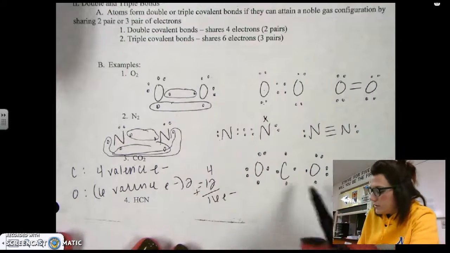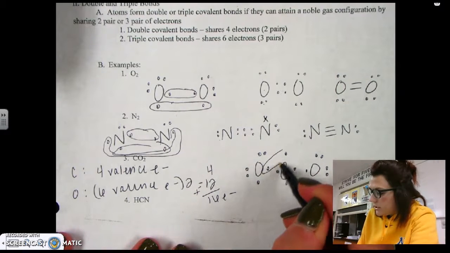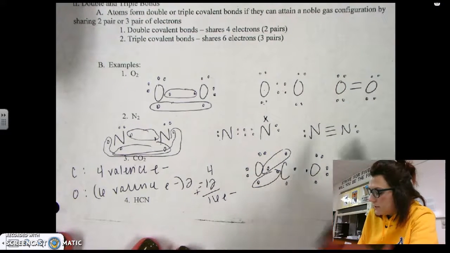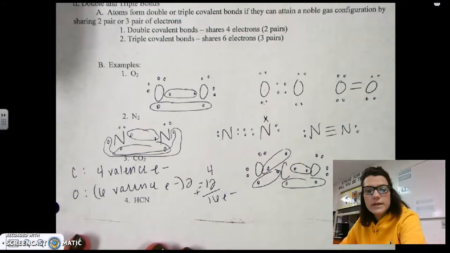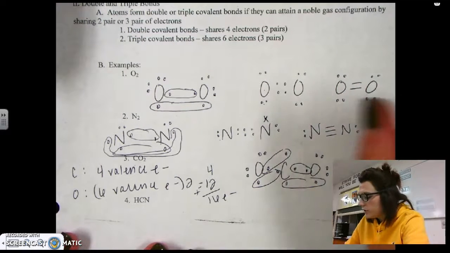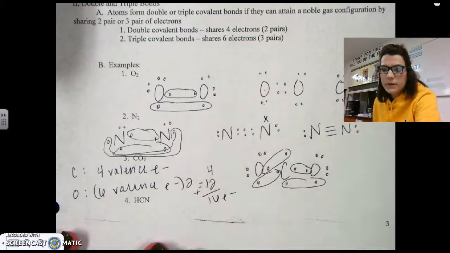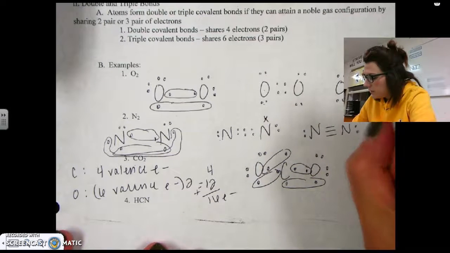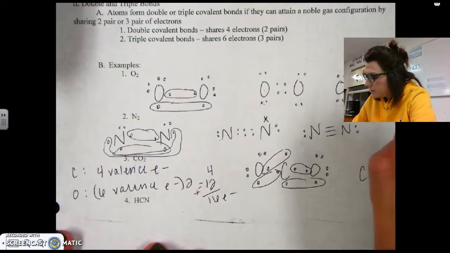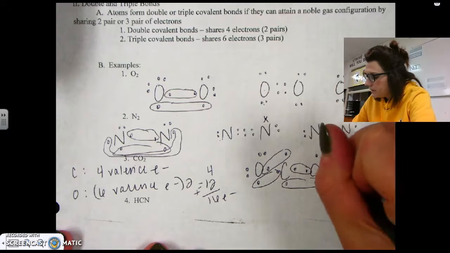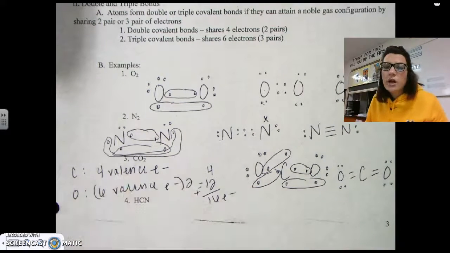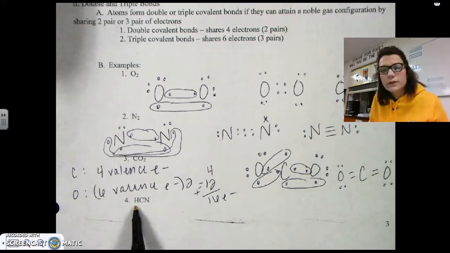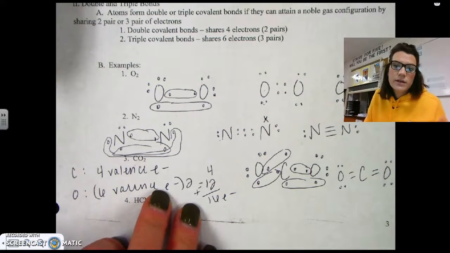And then you'll notice this carbon can share with this oxygen, and this carbon can share with this oxygen. So carbon's actually going to double bond to each oxygen, okay? So it'll look something like this. Carbon, double bonded to oxygen, double bonded to oxygen, okay? So go ahead and try HCN. Make sure that you're not putting hydrogen as the central atom because it can only bond once.